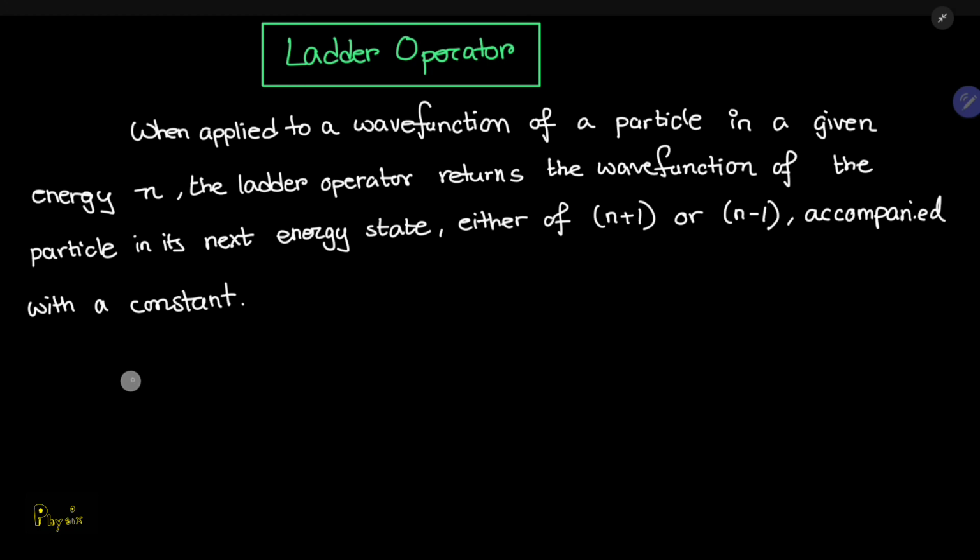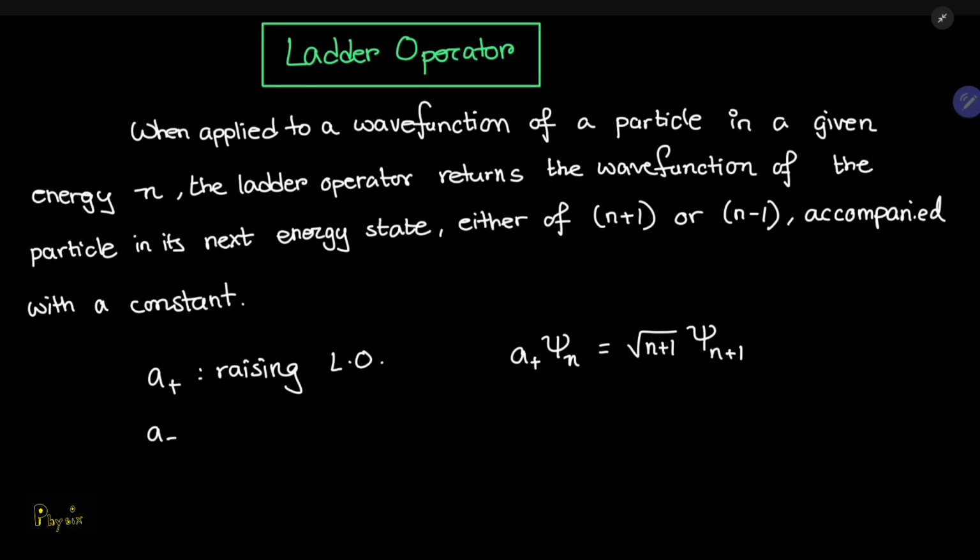A plus is the raising ladder operator, which means it has something to do with raising. When you apply A plus to psi sub n, any given wave function with energy n, it returns the square root of n plus 1 times psi sub n plus 1.